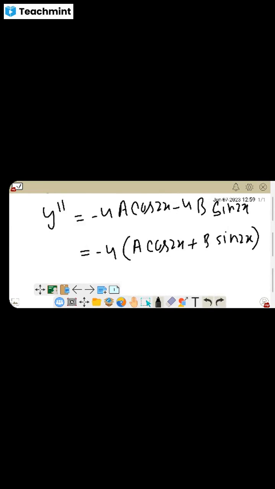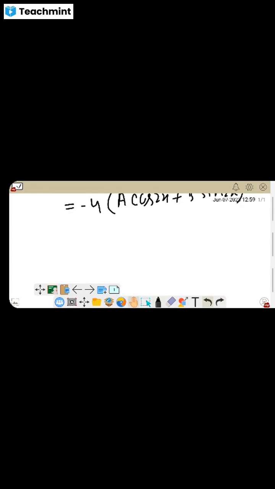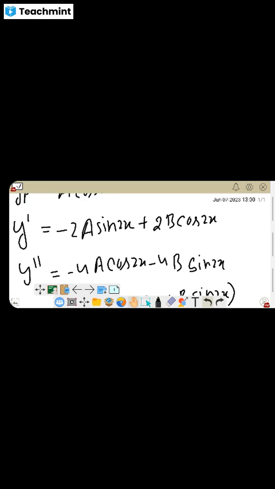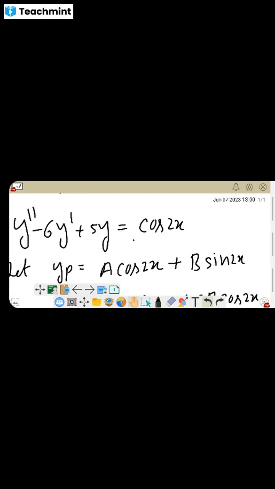Taking this minus 4 as a common, we are using here minus 4 into a cos 2x plus b sine 2x, and then minus 6 into y dash.